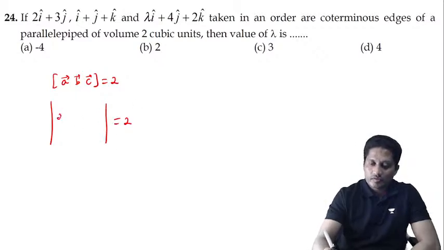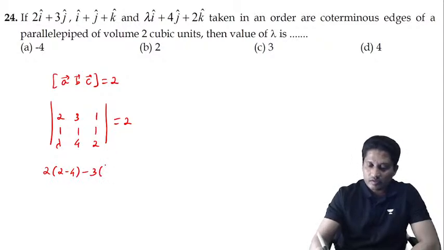First row will be 2, 3, 1. Second row is 1, 1, 1. Last row is lambda, 4 and 2. 2 into delete first row first column, you get 2 minus 4. Minus 3 into first row second column, you get 2 minus lambda. Delete first row last column, you get 4 minus lambda, equal to 2.